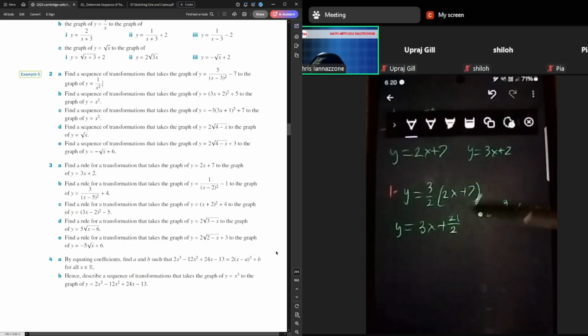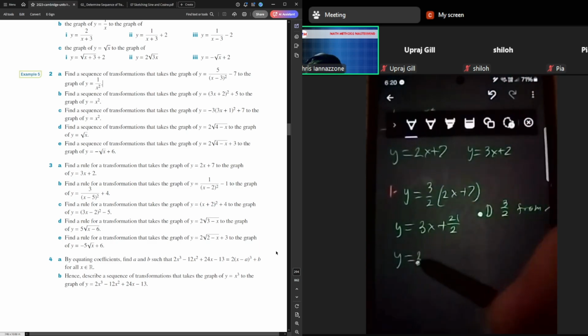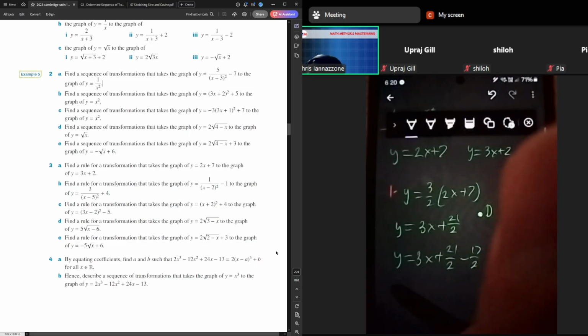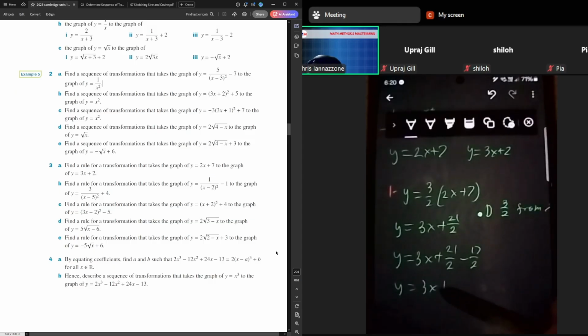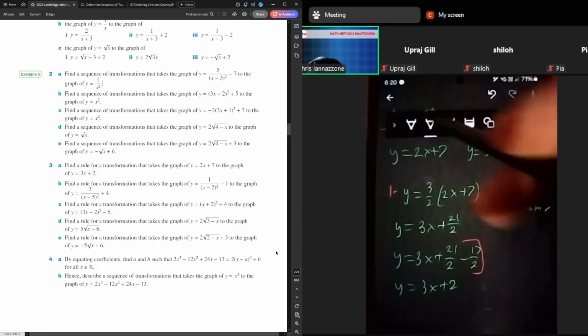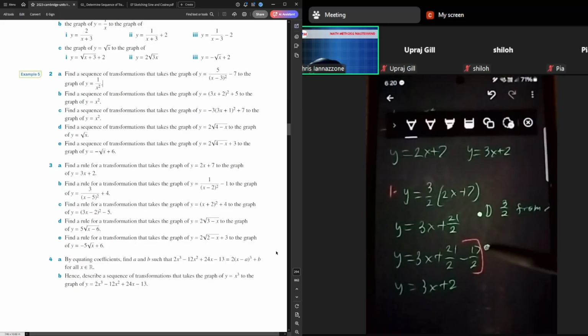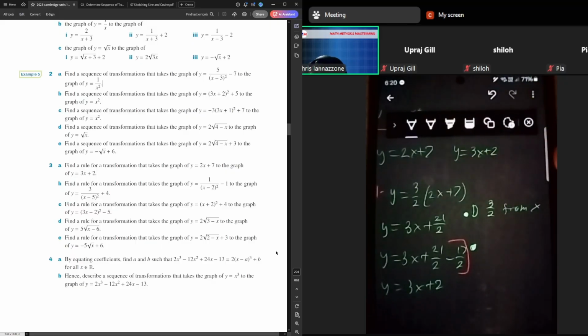So you just figure out whatever the difference is between these two numbers, which happens to be 17 over 2. If you were to do y equals 3x plus 21 over 2 minus 17 over 2, y equals 3x plus 2.